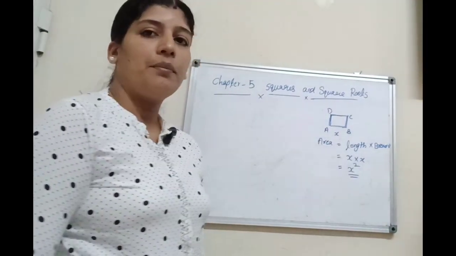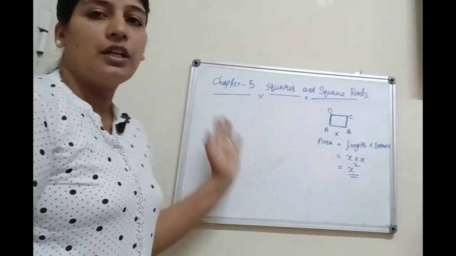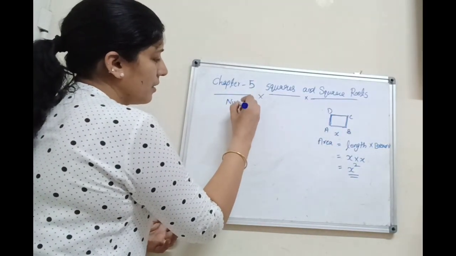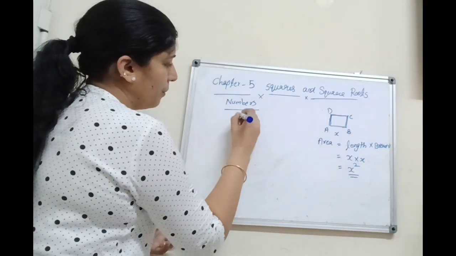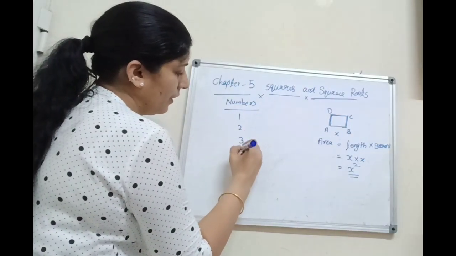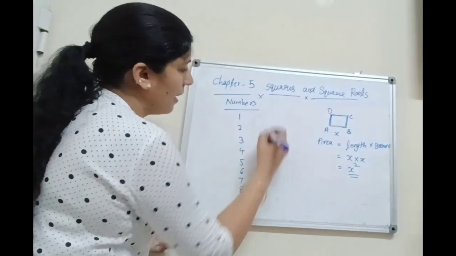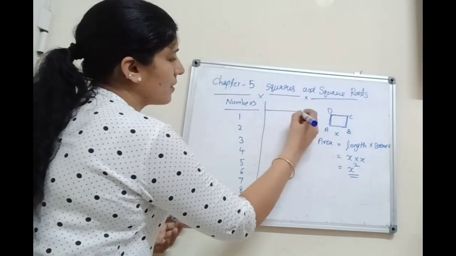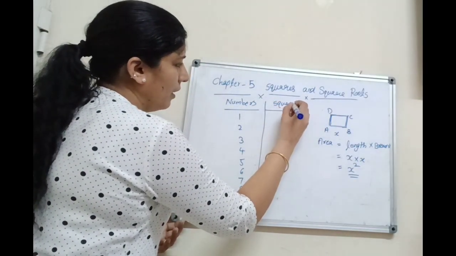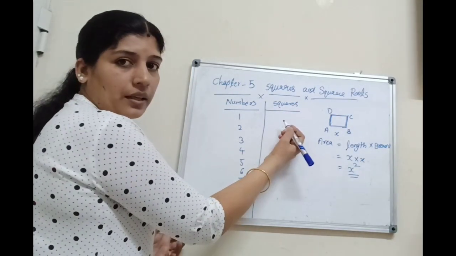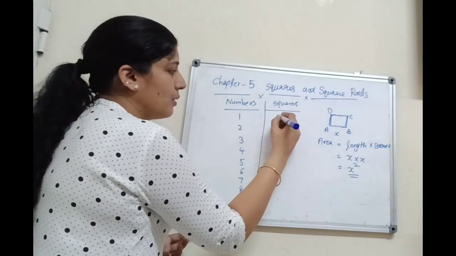Next, we can check the squares of numbers. Let us consider the numbers from 1 to 10 and their squares. 1 square, multiplying by itself, is 1.